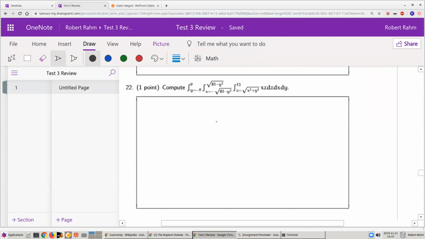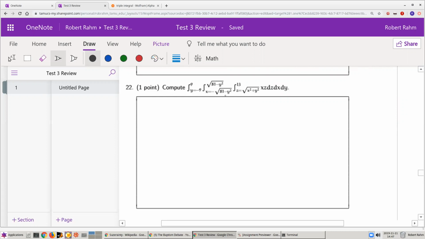Okay, so now we're going to do this one. Again, we want to do cylindrical coordinates, and let's try to do this all in one shot. So x is equal to r cosine theta, y is equal to r sine theta. This says that z is going to go from the cone, z equals r in polar coordinates, up to 13.